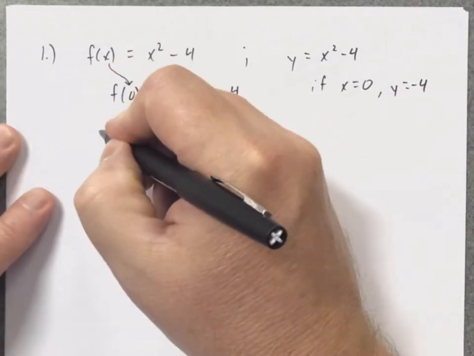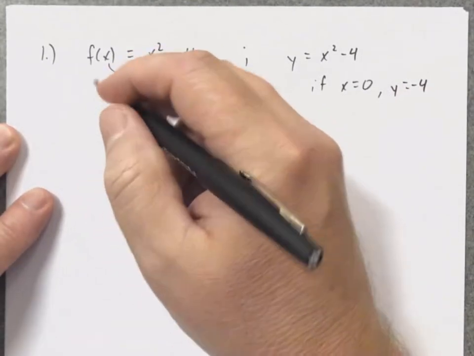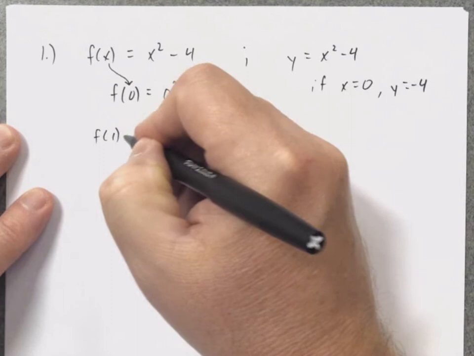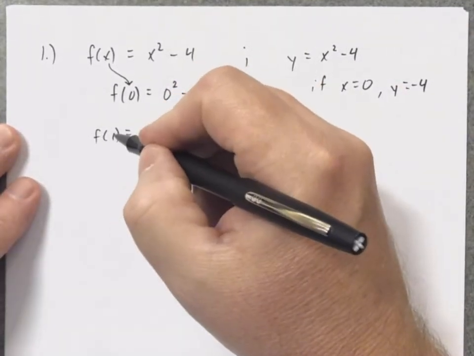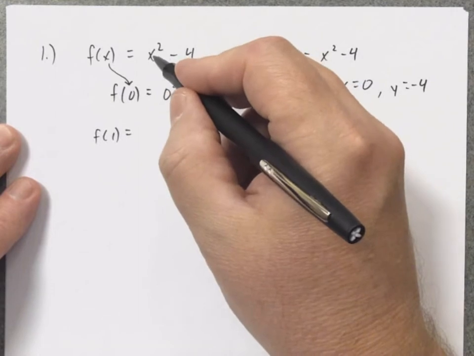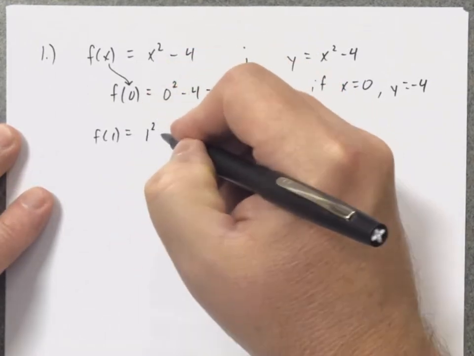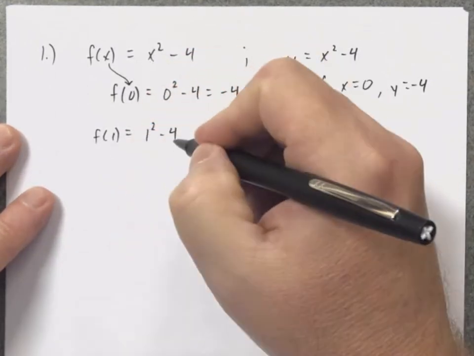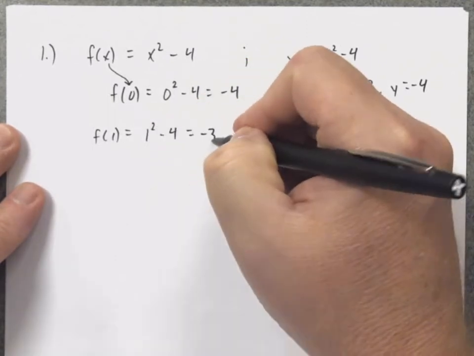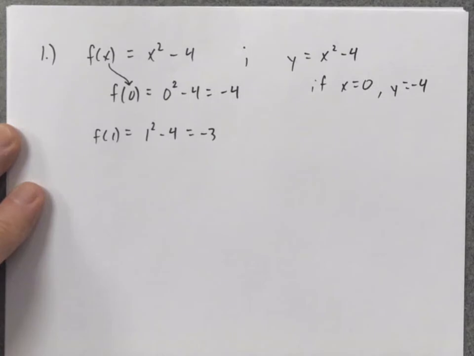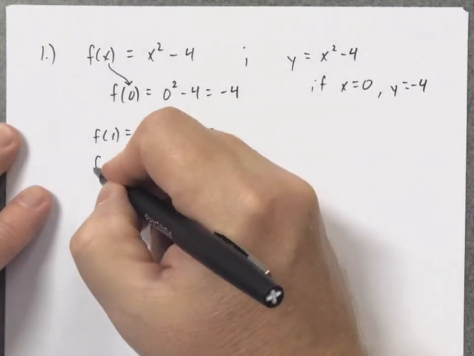So then the next one in problem 1, there's like 6 or 7 of these maybe. Let's say f of 1. So once again, every place I have an x in my function, I'm going to replace it with 1. So f of 1 equals 1 squared minus 4. 1 minus 4 is negative 3. The next one, f of 2.